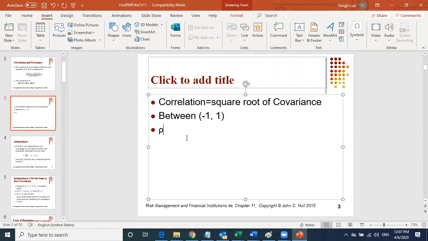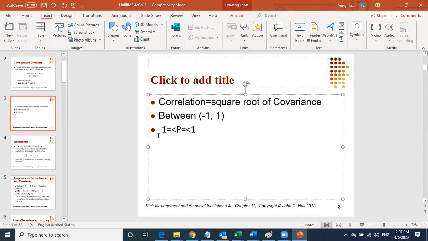The correlation, using the Greek letter rho, is less than or equal to 1 and greater than or equal to -1.